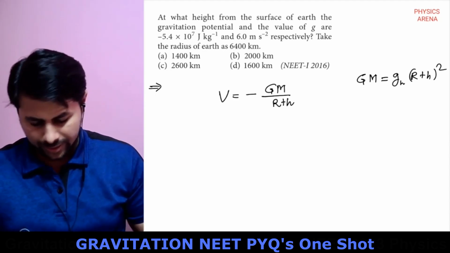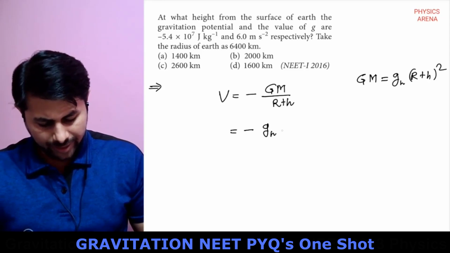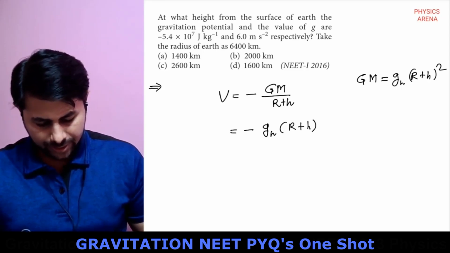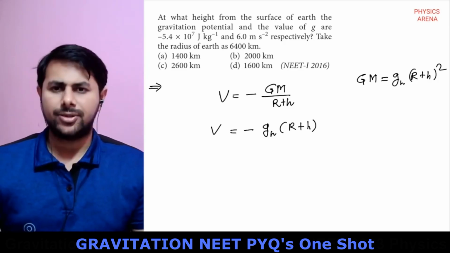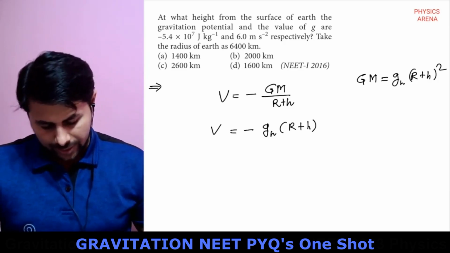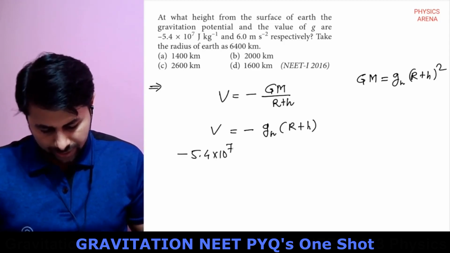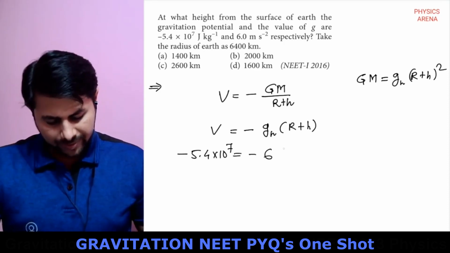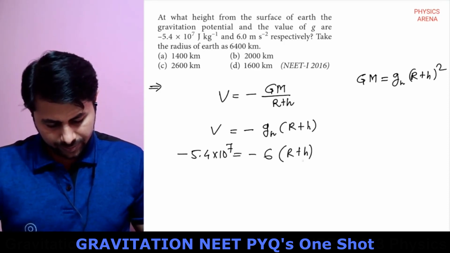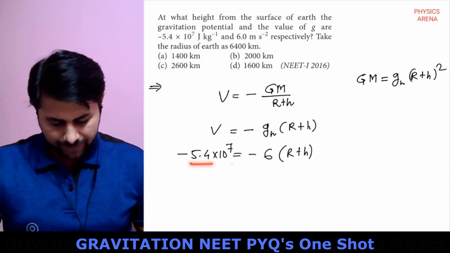If we substitute that, we get V is minus of g_h multiplied by R plus H. Now we just have to substitute the values. So this is minus 5.4 multiplied by 10 raised to 7 equals minus of g_h, which is 6, multiplied by R plus H. So this is 54 multiplied by 10 raised to 7 divided by 6.